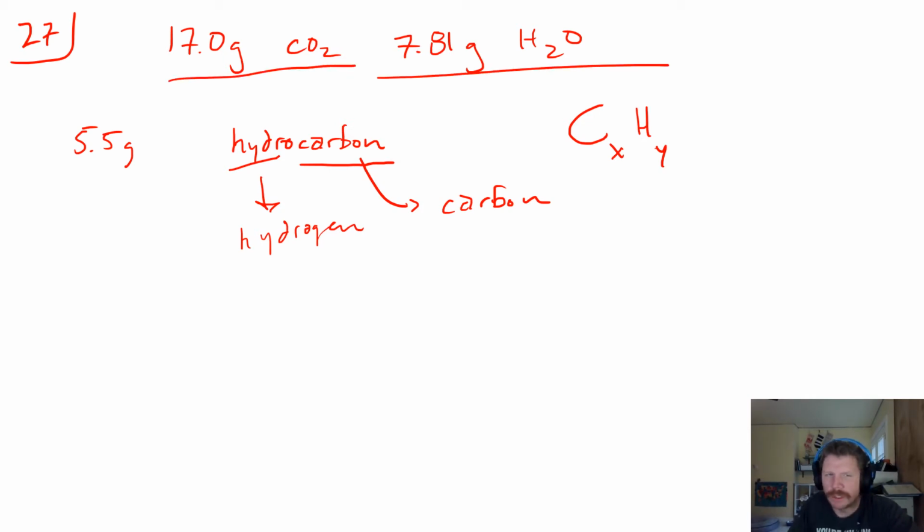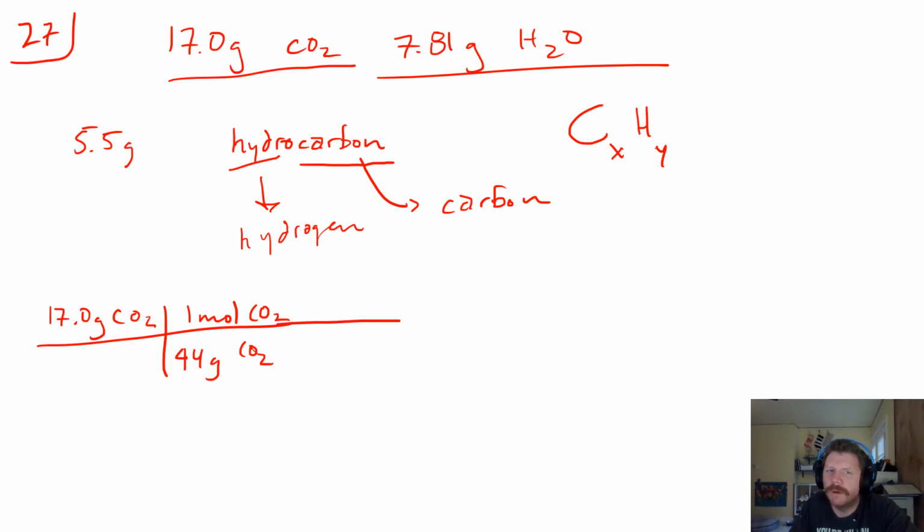What we're going to use this for is to figure out the number of moles of carbon and the number of moles of hydrogen that result. So I'm going to start out with 17.0 grams of CO2. The molar mass for CO2 is 44 grams per 1 mole of CO2.